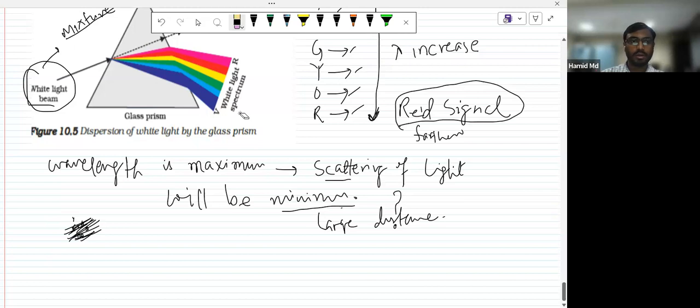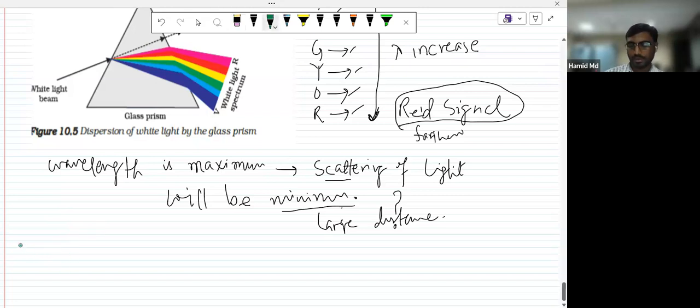Have you heard about the Doppler effect? You haven't heard about the Doppler effect, right? Actually, it's not part of the syllabus, but I asked.